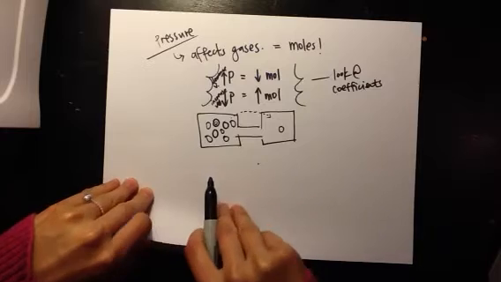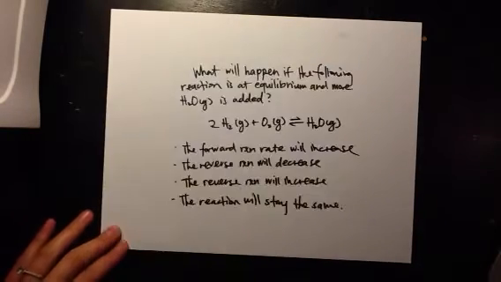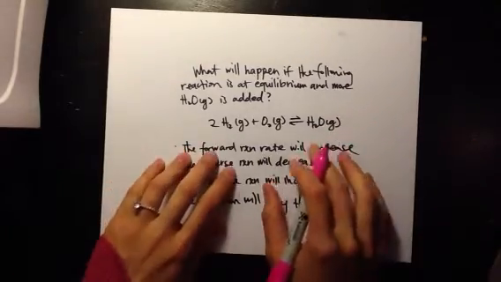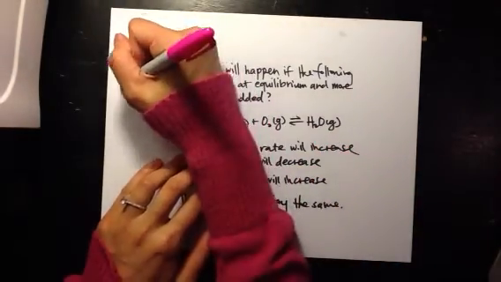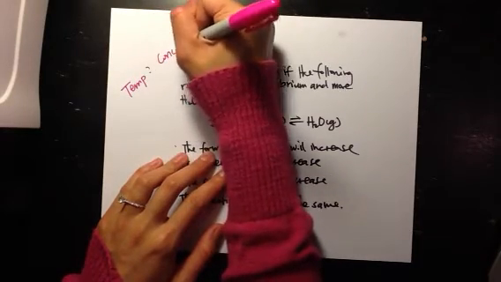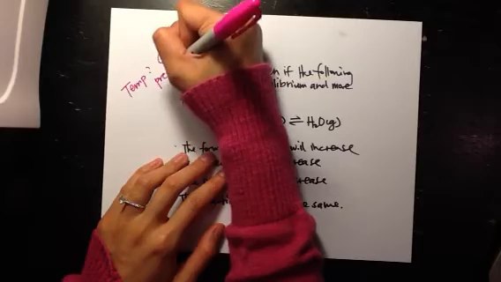Okay. So you'll have plenty of time and plenty of practice on this, but let's do one quick practice question. The question is as follows. What will happen if the following reaction is at equilibrium and more H2O(g) is added? Okay, so the first thing I always ask myself when I see a question like this is, am I talking about temperature? Am I talking about concentration? Am I talking about pressure?